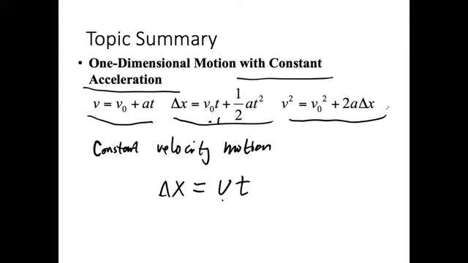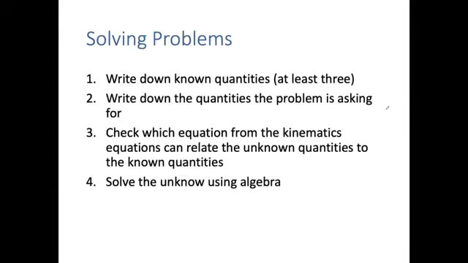And you can see these three equations, all of them have four variables, right? So if you know three of them, you can solve the fourth one, which is unknown. And then the fourth step, the last step is just your algebra. How good is your algebra? And for our class, let's emphasize on the physics, how to interpret the physics.